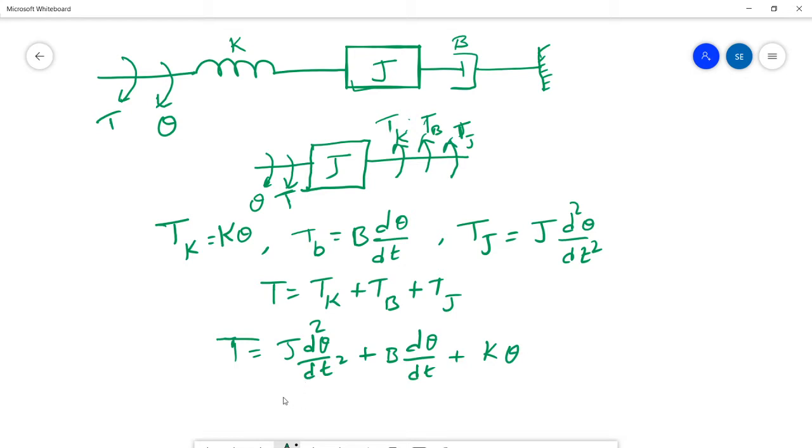So for the transfer function of the model, we need to represent this equation 1 in terms of transfer function.